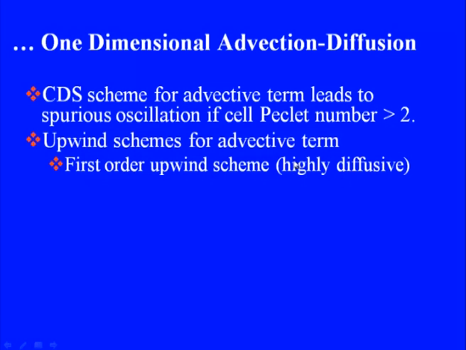What do we mean by upwind scheme? Let us have a brief look at first the CDS and then the upwind scheme. So, discretization of the advective term. There are various options.